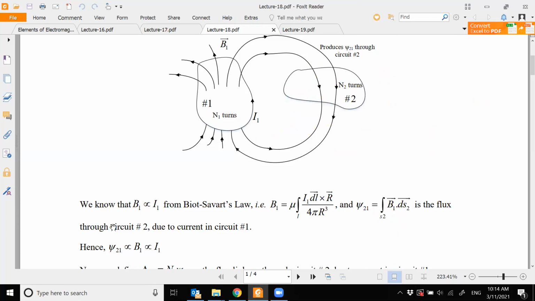That means the flux in circuit 2 due to the current in circuit 1, because the current is generating B1, and with the help of B1 we are seeing this flux here. So I can say that the flux is proportional to B1 and is also proportional to the current I1. That means the flux in circuit 2 due to circuit 1 is proportional to I1. So this is my argument. It is proportional to I1.